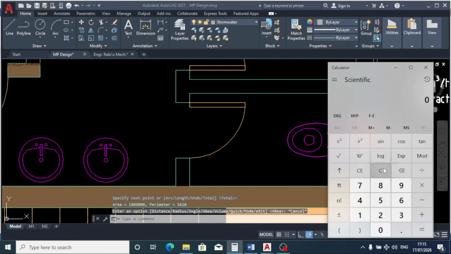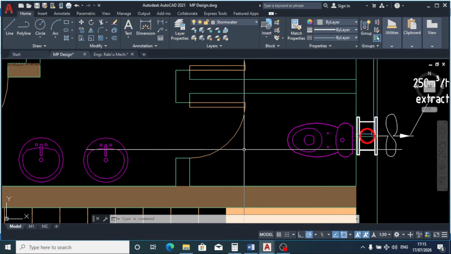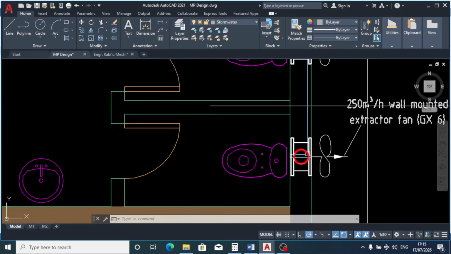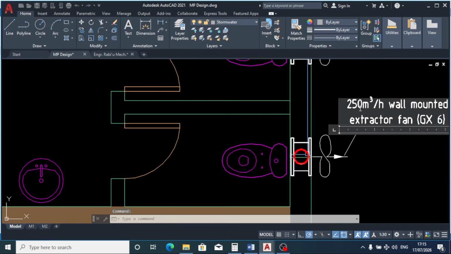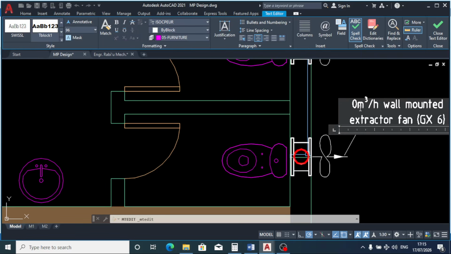Let's get the volume. 1.8 times 3.5 is 6.3. Now 6.3 times 13 air changes, we are going to have 81.9. So for this toilet we can adopt a 90 meter cube per hour wall mounted extractor fan.